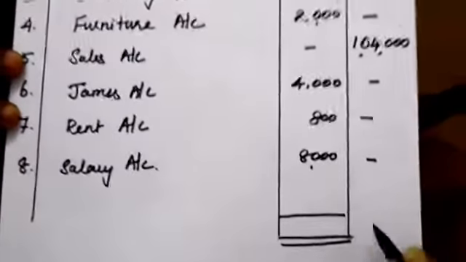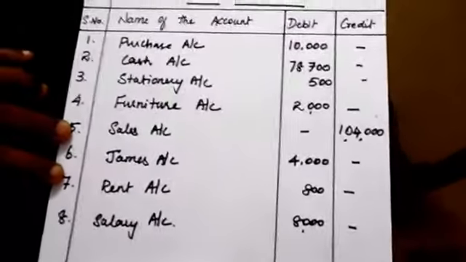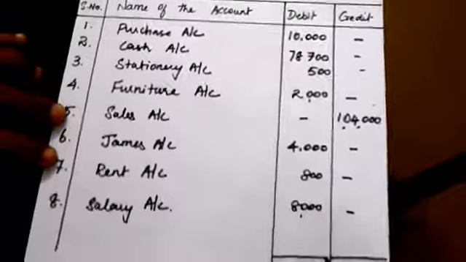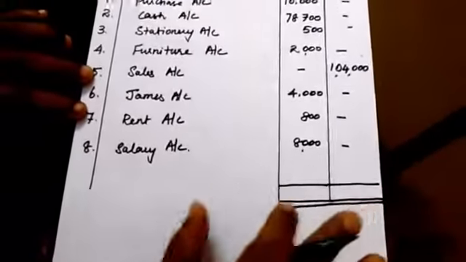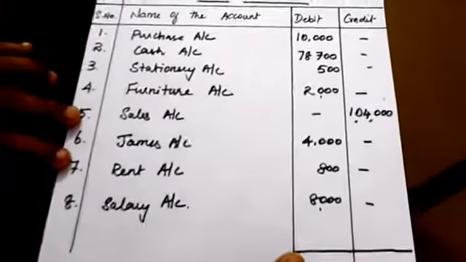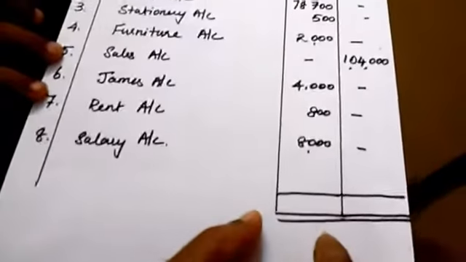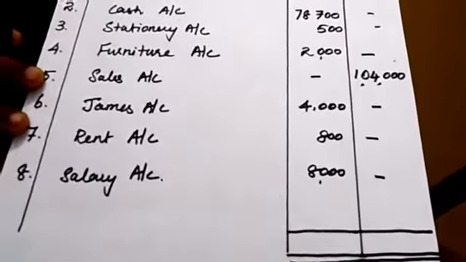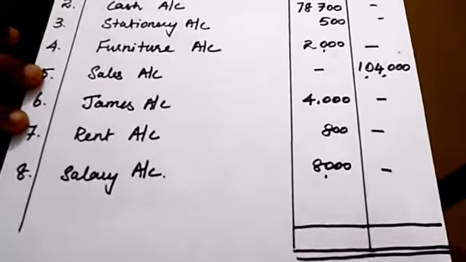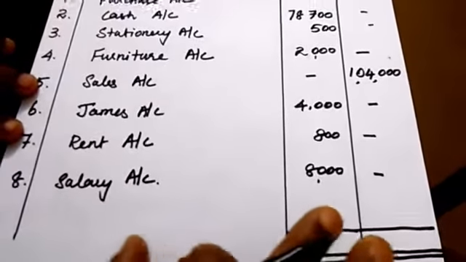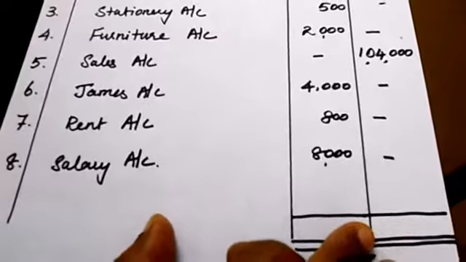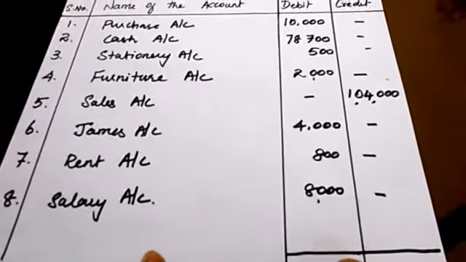In trial balance, both debit and credit must be equal. You will get the equal amount on both the debit side as well as the credit side. If you get any shortage, deficit or surplus, it means you have made some mistakes in making the journal or at the time of posting the ledger.